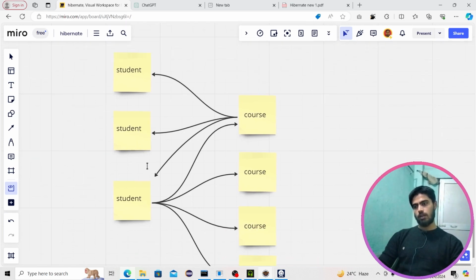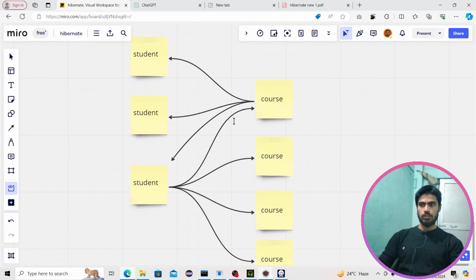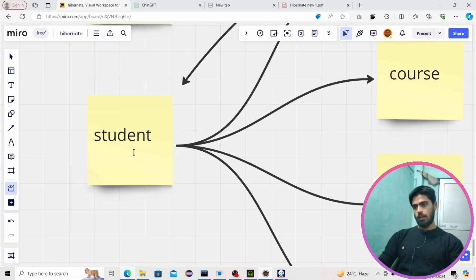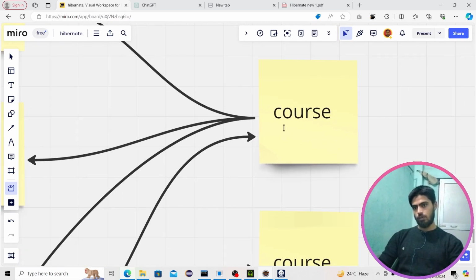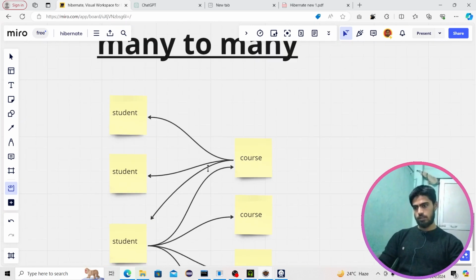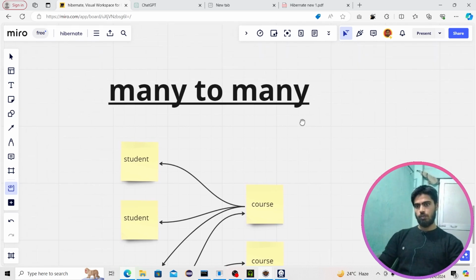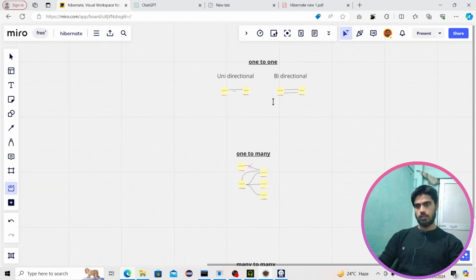Many students can be enrolled in a single course, and many courses can also have multiple students. So this is what association mapping is.